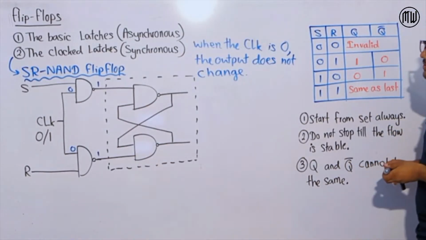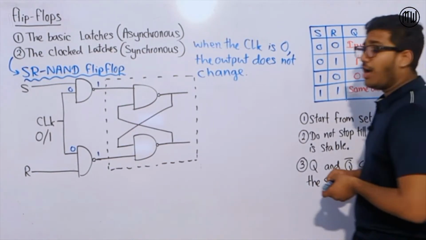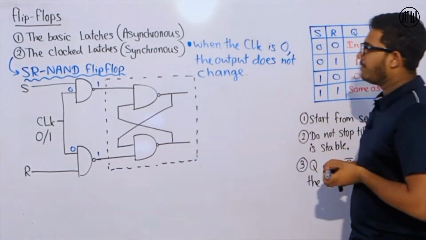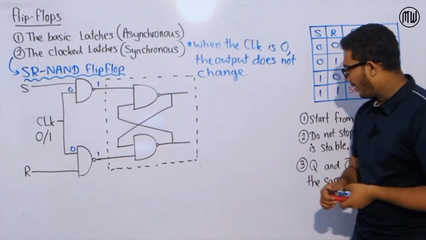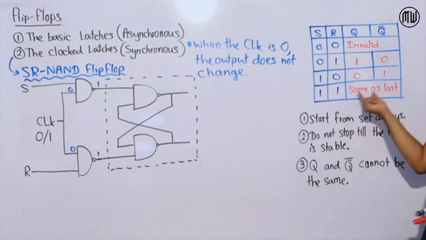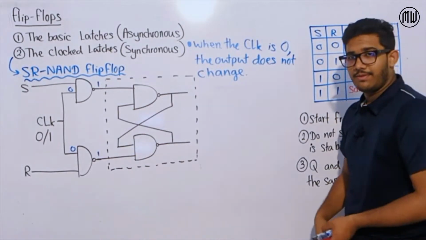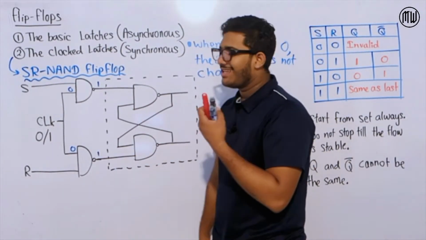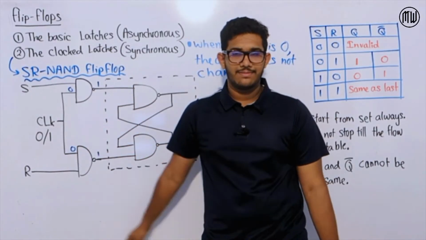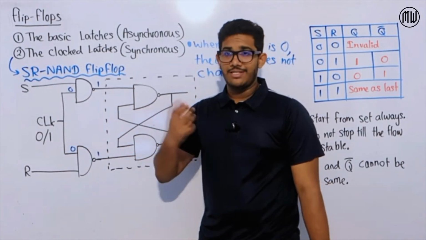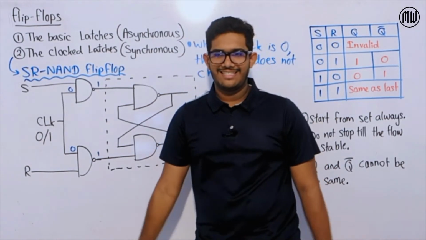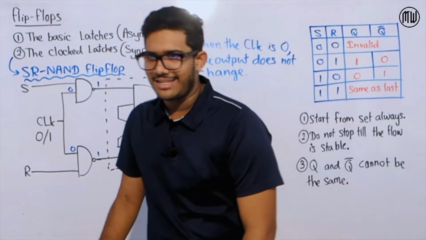When the clock is 0, the output doesn't change, right? Why? Because both the inputs are 1 and 1, and we know if they are 1 and 1, it will be the same as last. So as long as the clock is 0, our flip-flop doesn't do anything. It's just closed.